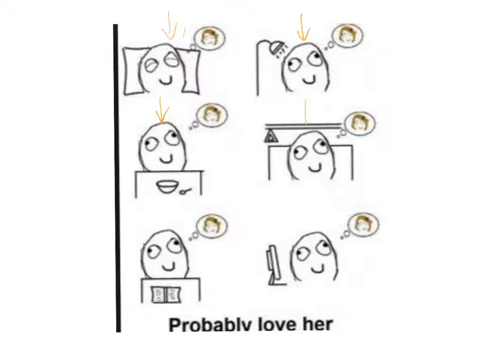When he's in the classroom, hopefully not my classroom, and when he's on the computer, it looks like he's still thinking about the girl. So we've collected all of this evidence, and then we draw the conclusion that he probably loves her. That conclusion is drawn based on our observations, all the data we collected.